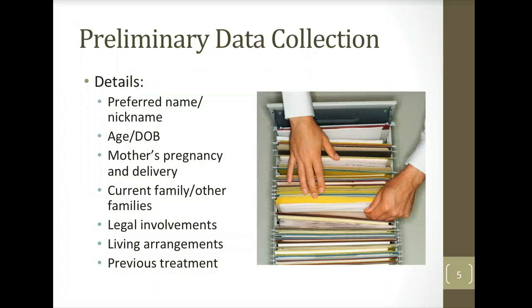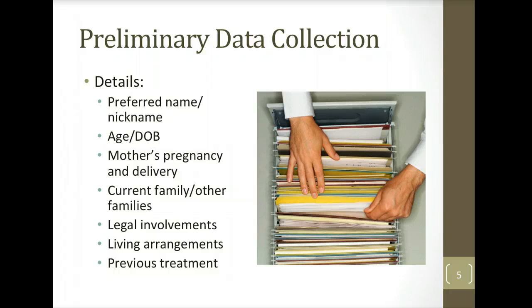In order to build a holistic understanding of the client, collecting data begins before the first face-to-face contact. Some of the pieces of information that you'll need to consider include the client's preferred name or nickname, the client's age and date of birth, information about the mother's pregnancy and delivery. Any complications during pregnancy or delivery might cause issues later.